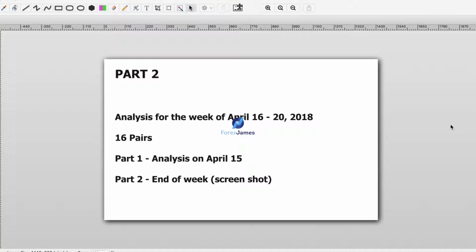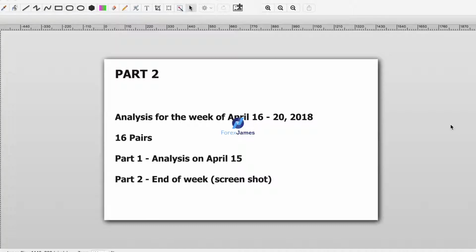I'm pretty excited to say that most of it have actually been predicted correctly. So I think with this kind of analysis that we make every week, it is actually very helpful in terms of helping the trader react to the market.